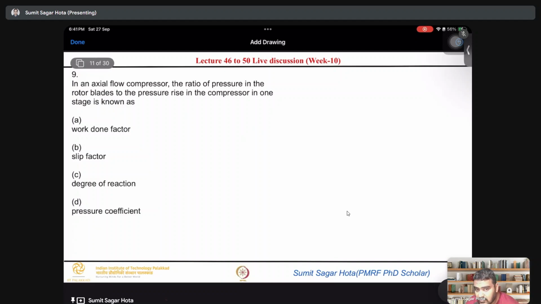In an axial flow compressor, the ratio of pressure rise in the rotor blades to the pressure rise in the compressor in one stage is known as what? This definition tells us about the degree of reaction, or the DOR.